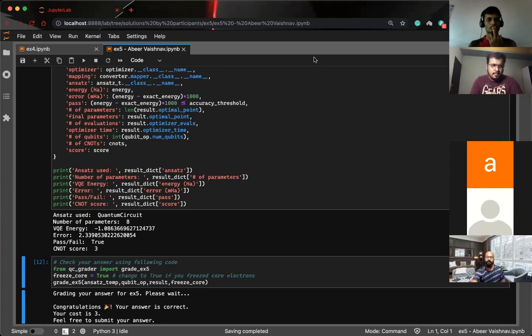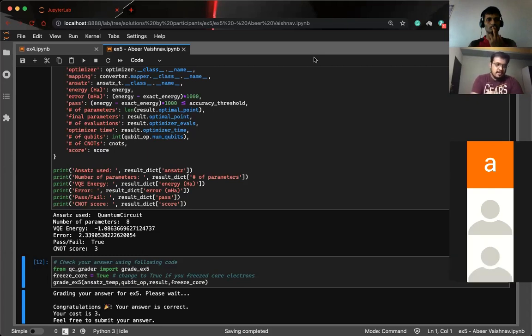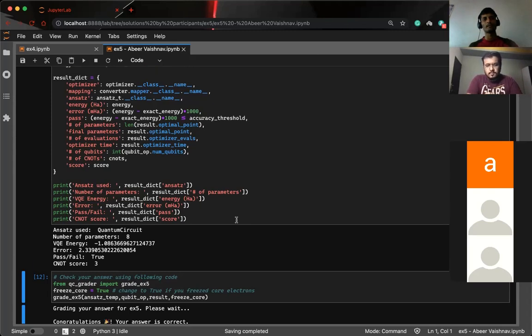There were also some resources given on the challenge Slack channel, so I referred to those. And there is the original paper on the LiH simulation that was published in Nature, by Abhinav Kandala and the other authors. That was pretty helpful in understanding this particular problem.